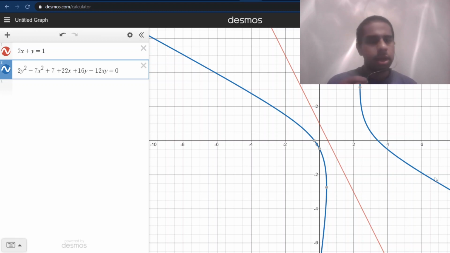So you can take the focus and put it in, and check how it works, how the difference between each point looks, the eccentricity, whether you are getting the eccentricity or not. You can check if the equation is correct.